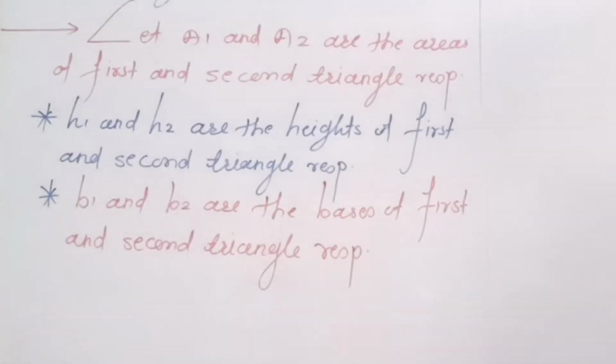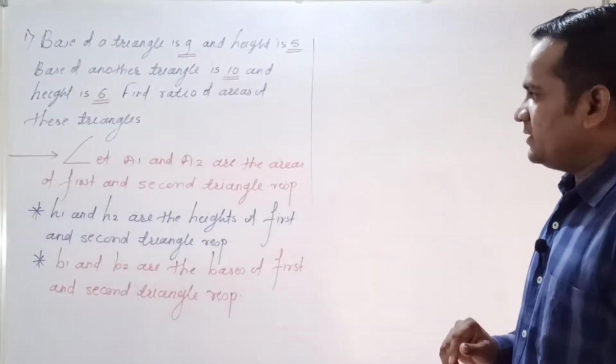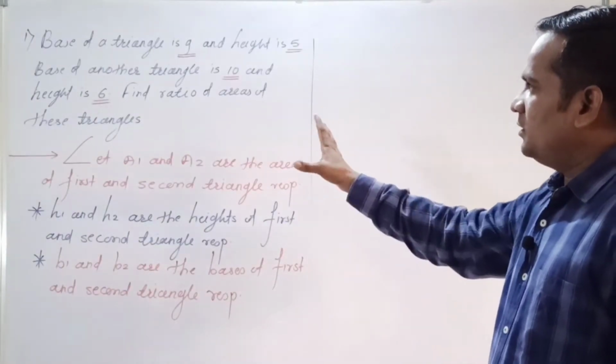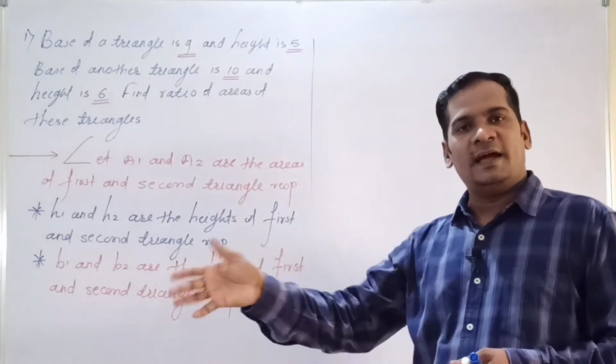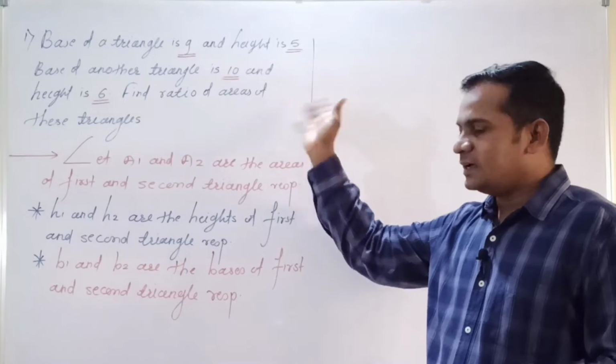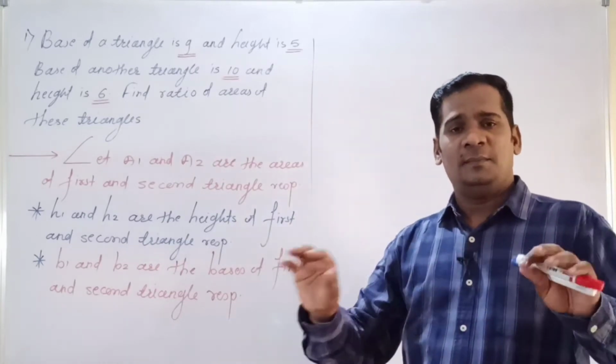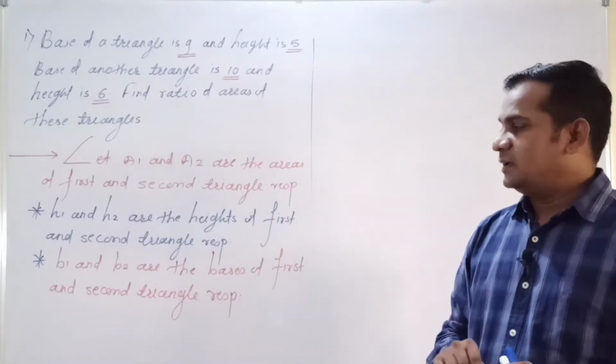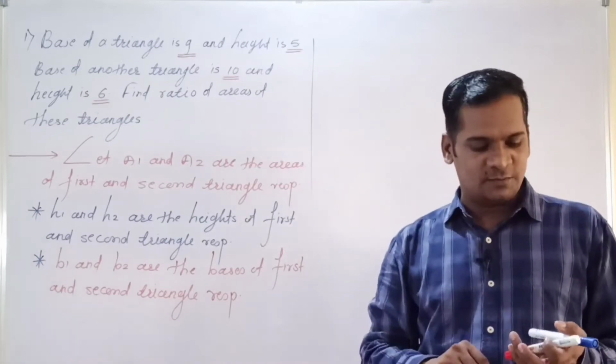As we know, in an example, if the base and height of the first triangle are given, and the base and height of the second triangle are also given, and both are different from each other, that means we have to use the first property.